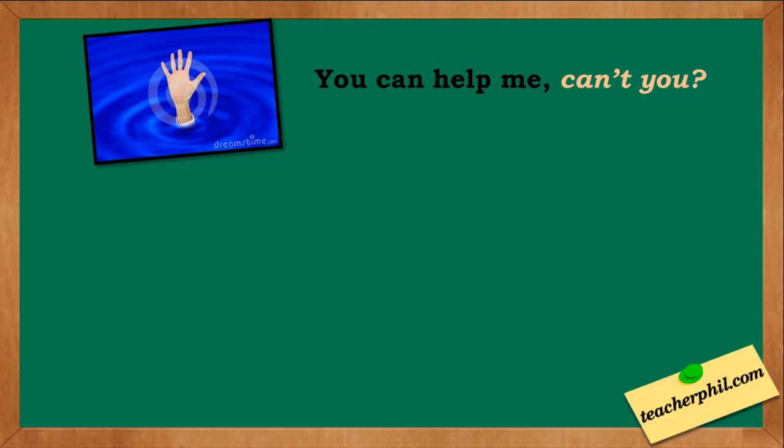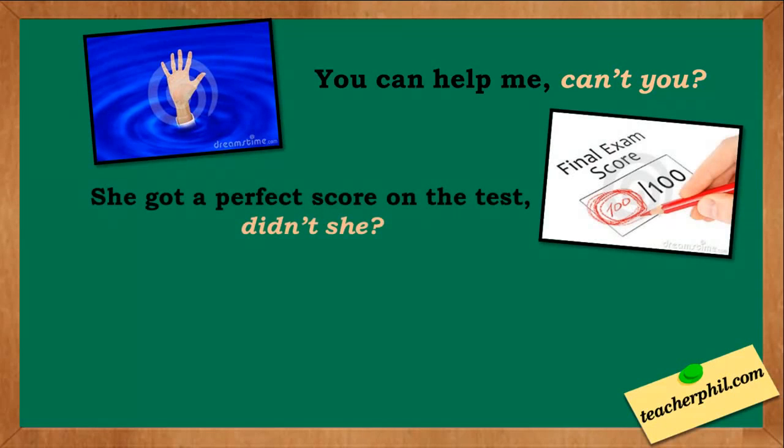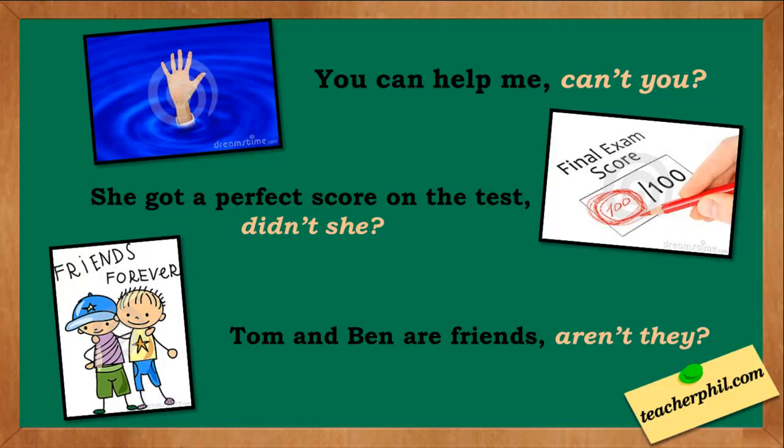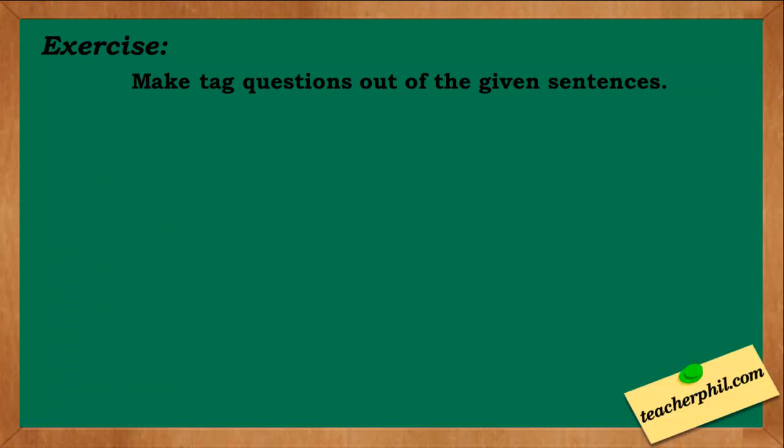Some more examples. You can help me, can't you? She got a perfect score on the test, didn't she? Tom and Ben are friends, aren't they? For our exercise, make tag questions out of the given sentences.